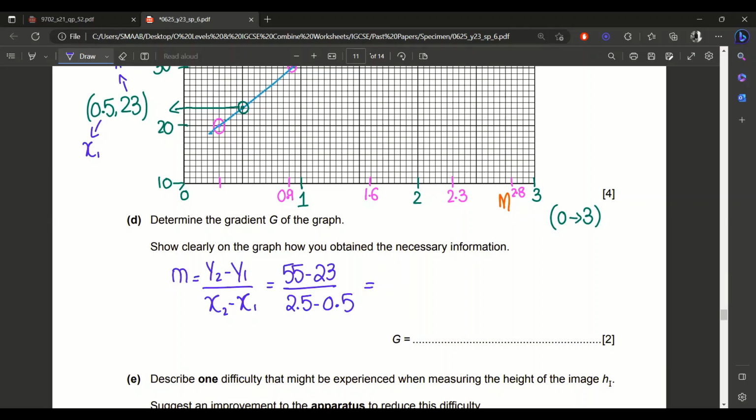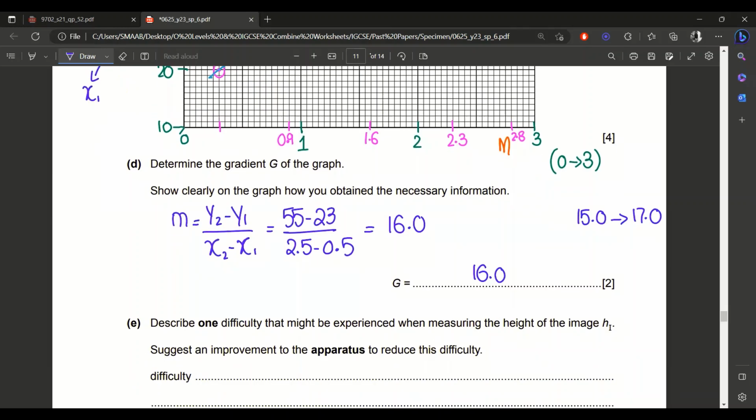So we are getting a gradient of 16. If you check the answer scheme, the gradient should lie between 15 and 17, right? So we are getting 16.0, which means our answer is right.